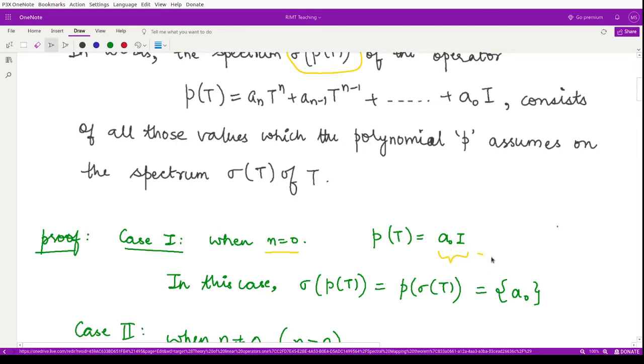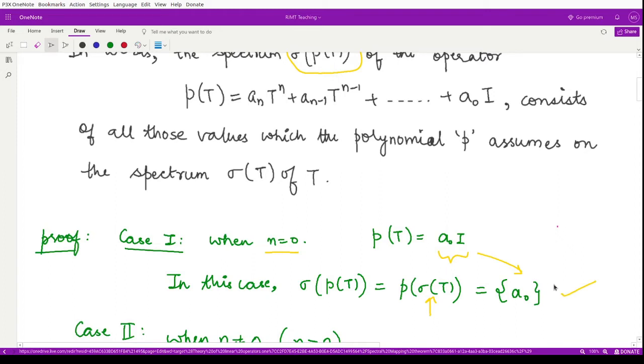They would also be constant numbers, right? So the spectrum of this polynomial P of T is again a naught, and when you input the spectral values of this operator T into this polynomial, you will again get the constant number a naught. So in this case, when n is equal to 0, we have the result.